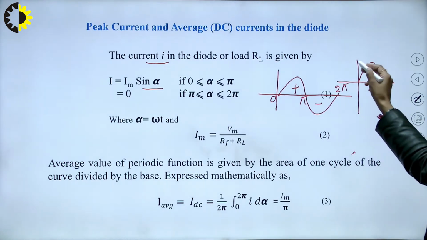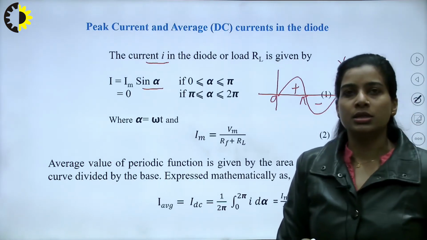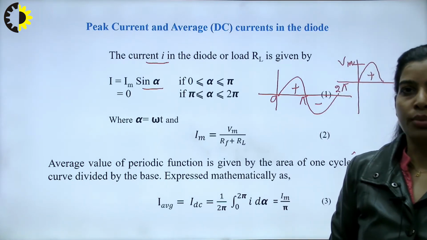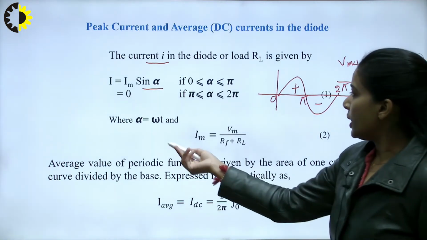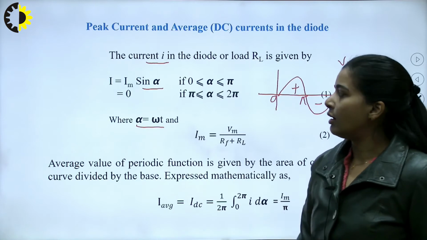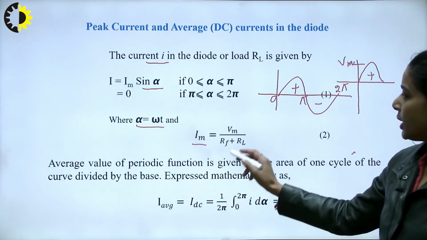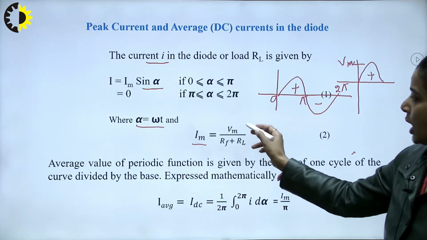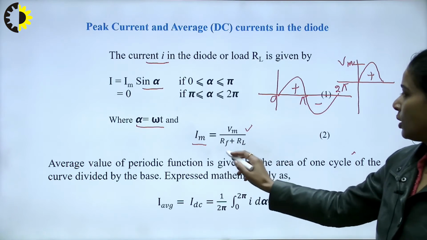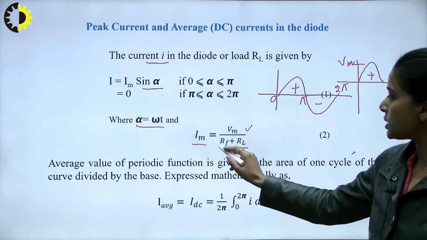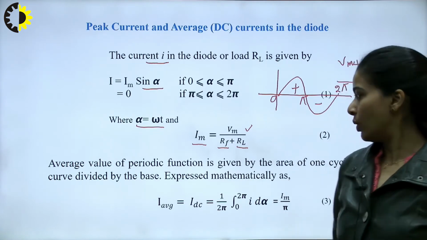So, considering that the diode is forward biased such that we are getting the output for the positive half cycle of the input. Here I have taken alpha equal to omega t. The maximum current we can define as V by R, where V is Vm, the maximum voltage across the load, and the resistance is the load resistance plus the forward resistance of the diode.